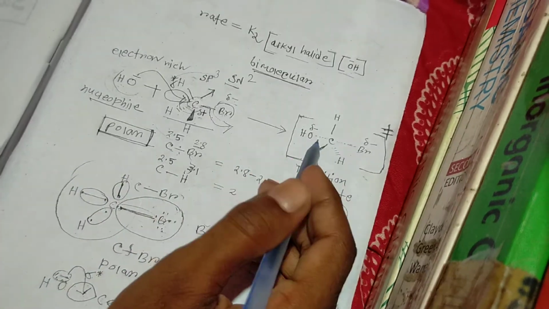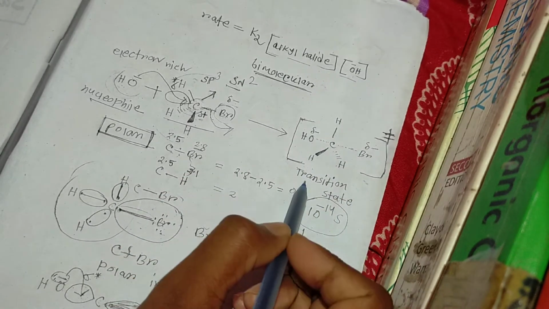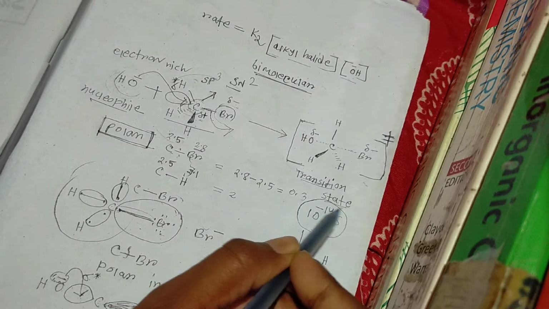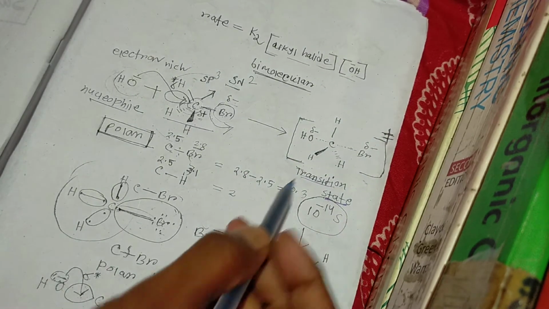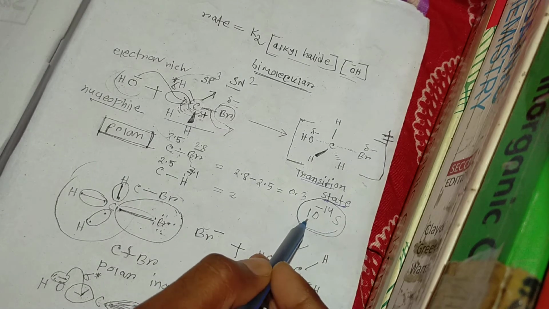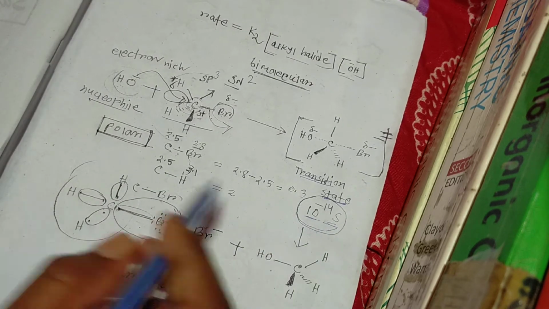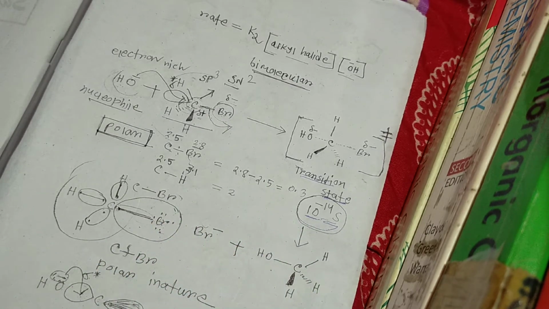You know this transition state is not seen, it is stable only for 10 to the minus 40 seconds. That is experimentally not verified, and it is a state that we can imagine. It is the beauty of chemistry.